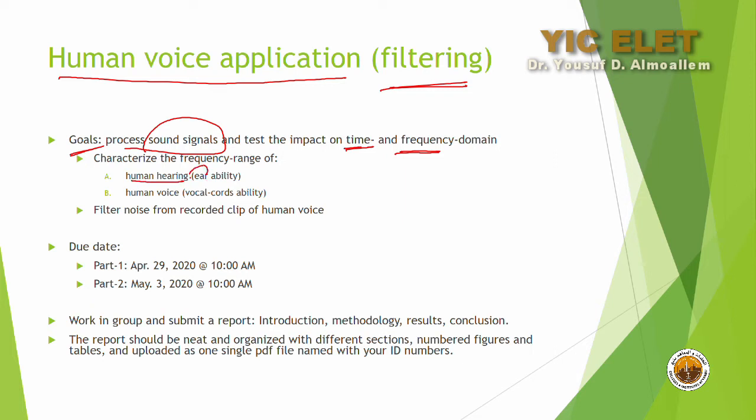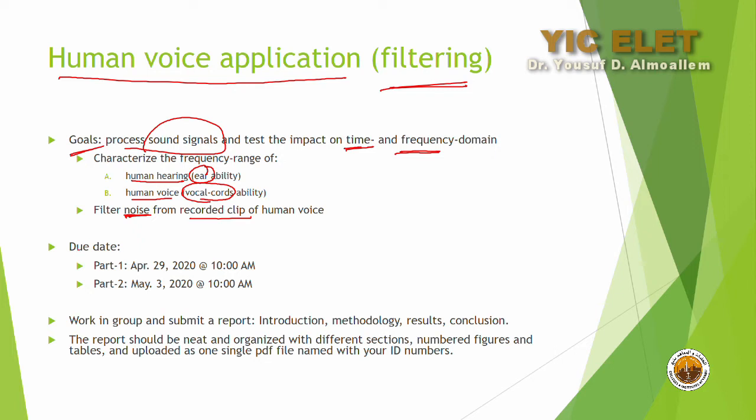So we're talking about the ear's ability, and human voice, where we're talking about vocal cord ability. The filter needs to filter out the noise from recorded clips. So if we have recorded sound and we want to filter noise from it, this is an application for what we're doing here.